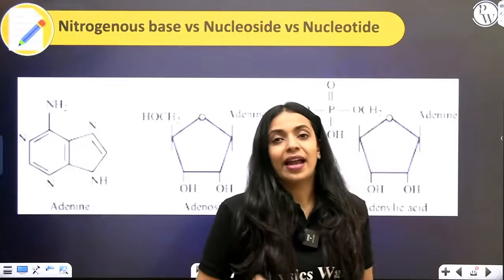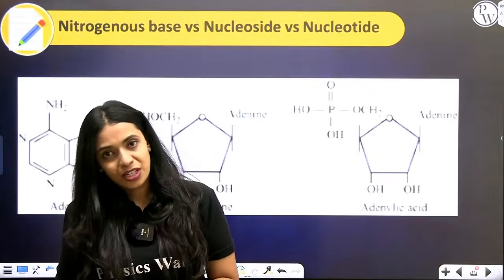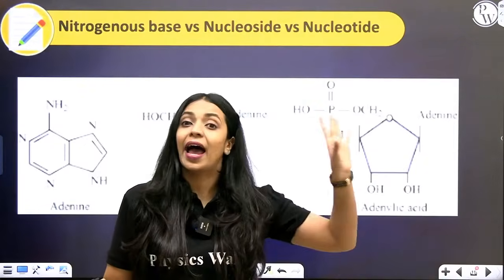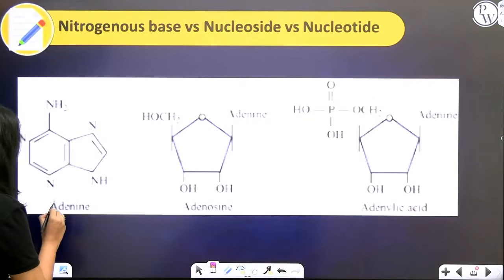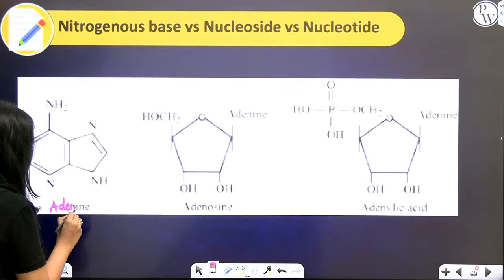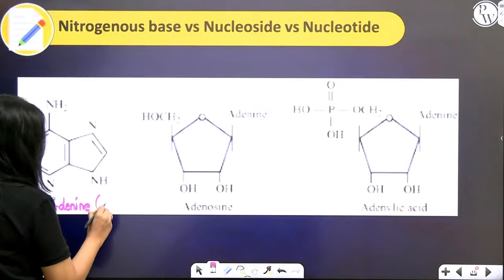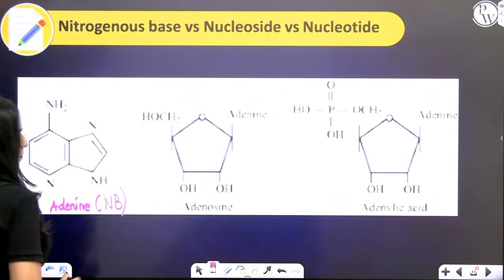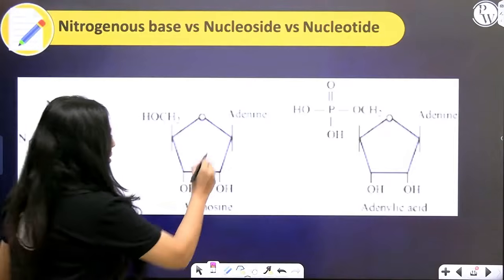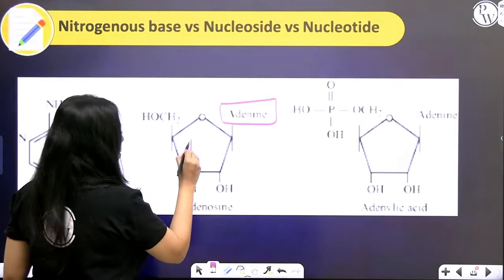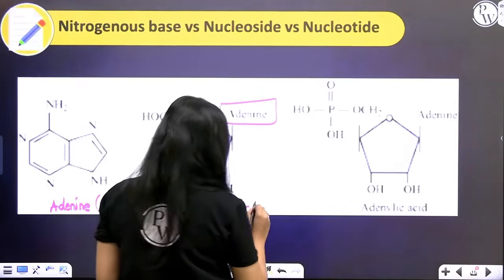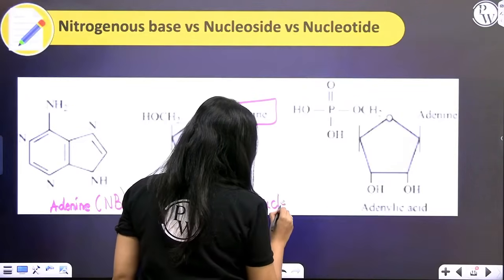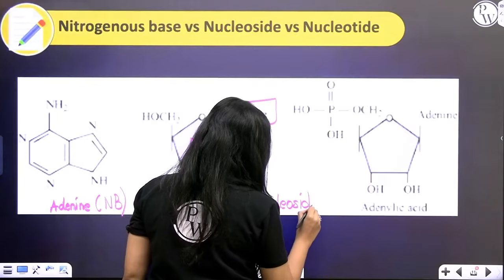Let's understand how a nitrogenous base, a nucleoside and a nucleotide differ from each other. Here is an example that I've taken of adenine. What is adenine? Adenine is a nitrogenous base. Adenine attached to a pentose sugar will give us adenosine, which is a nucleoside.